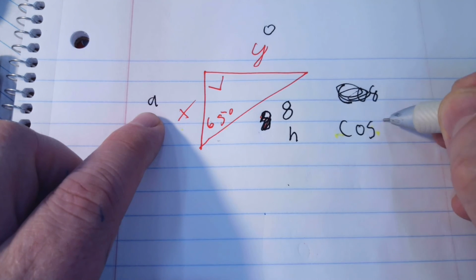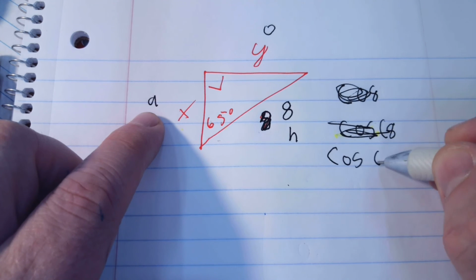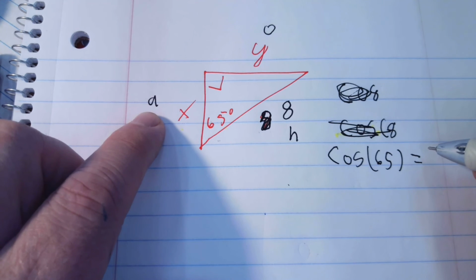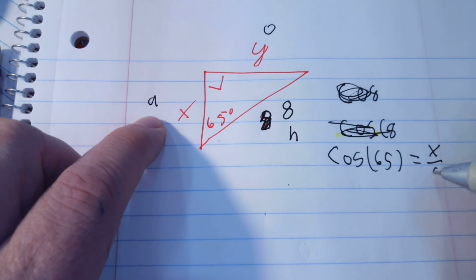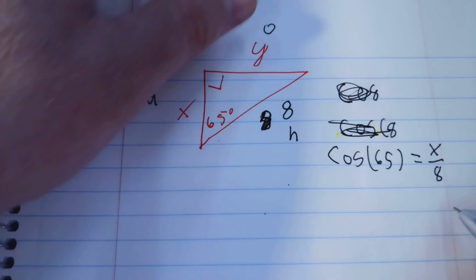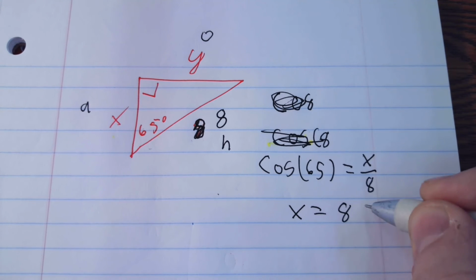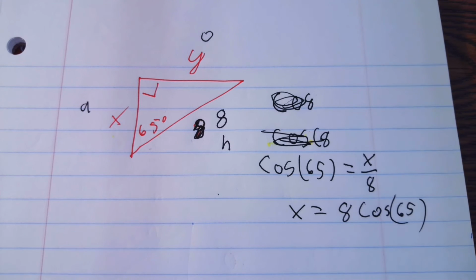Cosine of 65 is going to equal, that's CAH, so that would be x over 8. Okay? So remember, it's just that cross multiplication, so we get x equals 8 times cosine 65, and that will give us our answer. And it's basically one step in a calculator.